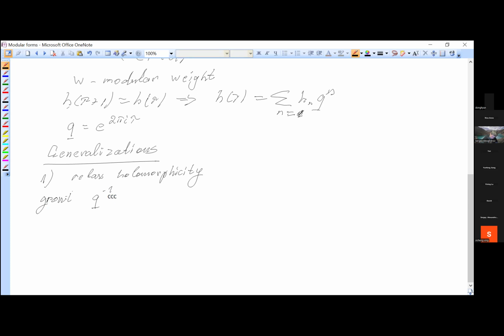What this means is that in this Fourier series, we allow the sum to start from a negative integer. If this is the case, then the corresponding function h of tau is called a weakly holomorphic modular form.